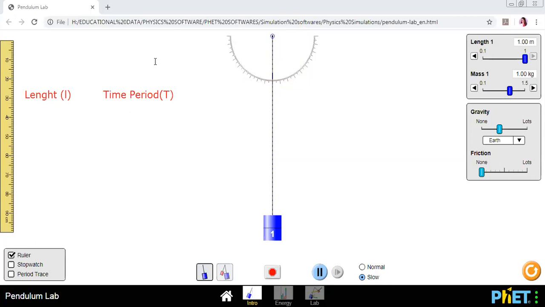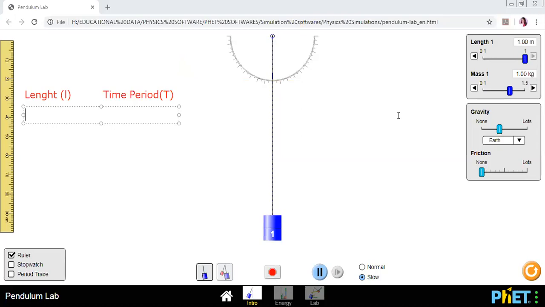Now, all of you made this? Okay, so one by one, we will write down the lengths of the pendulum which we are going to consider in our discussion.